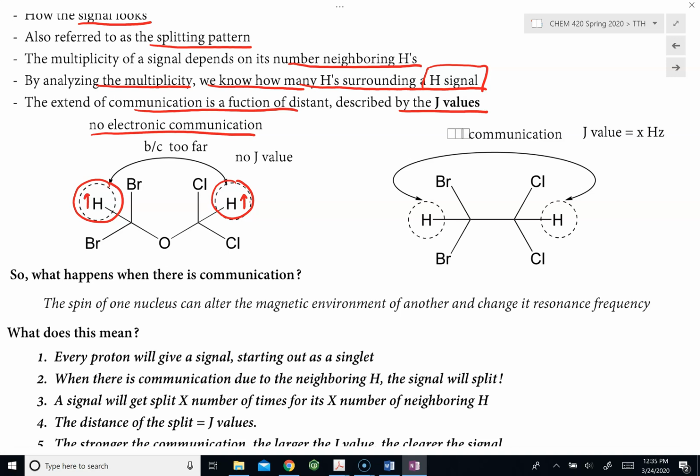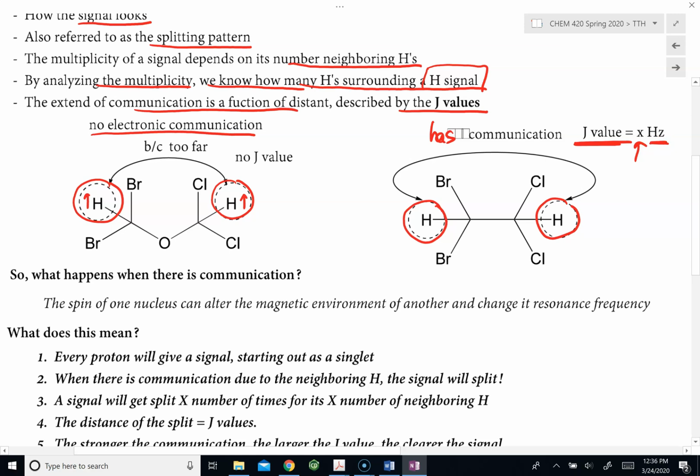But in this other example, these two hydrogens are communicating with each other. To describe the extent of this communication, we would have a J value for it. In this case, X here is the amount of the J value, and Hertz here is the unit of this communication.